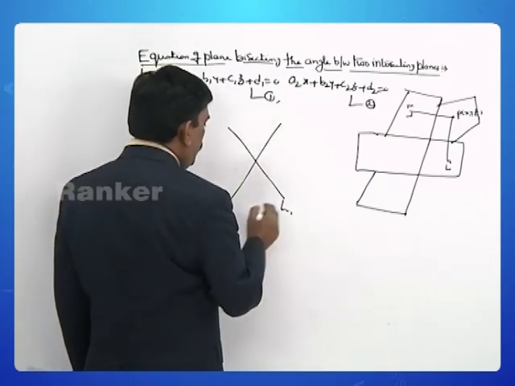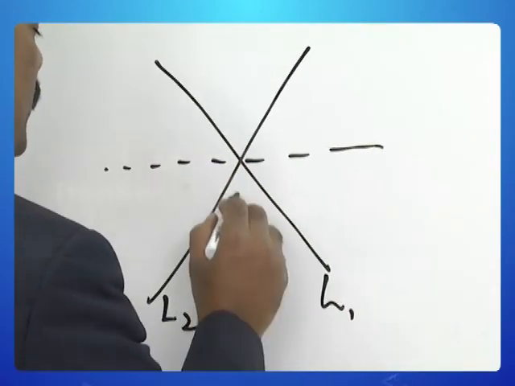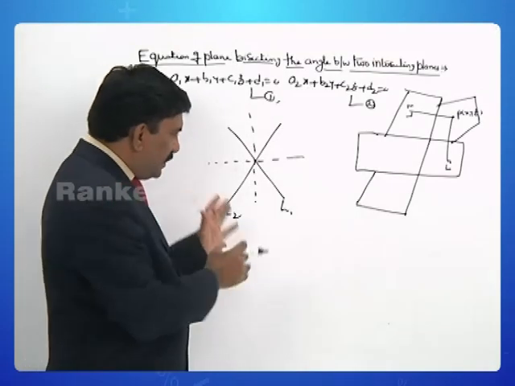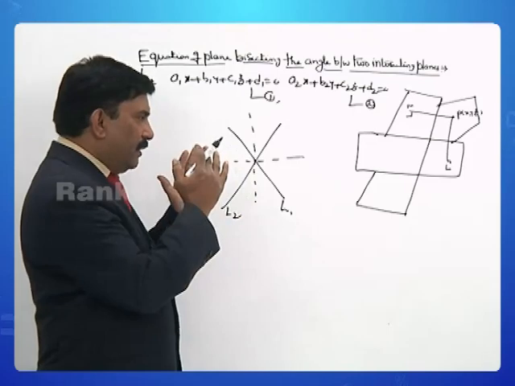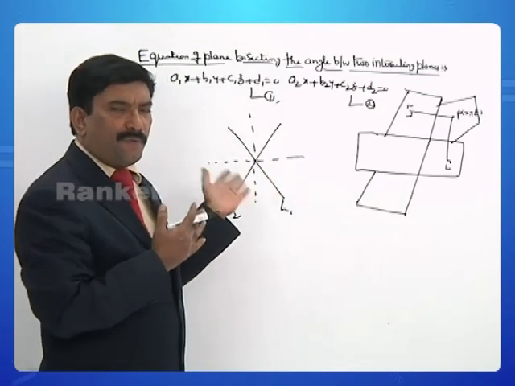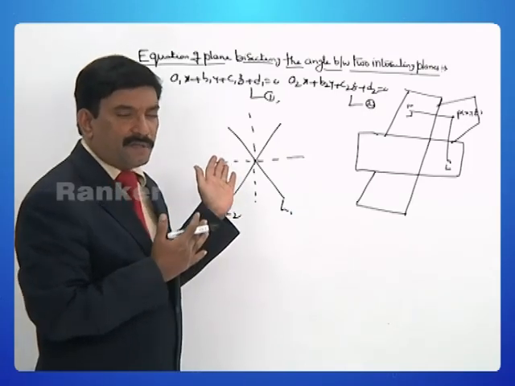This may be L1, this may be L2, this may be an acute bisector, this may be an obtuse bisector. The same treatment can also be extended to three dimensions. Here we focus our attention on two dimensions, aptly speaking, straight lines.